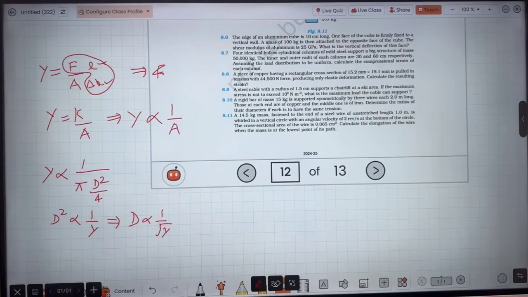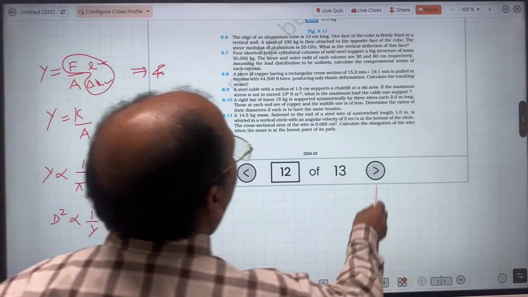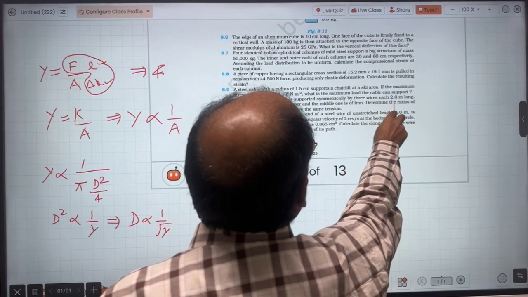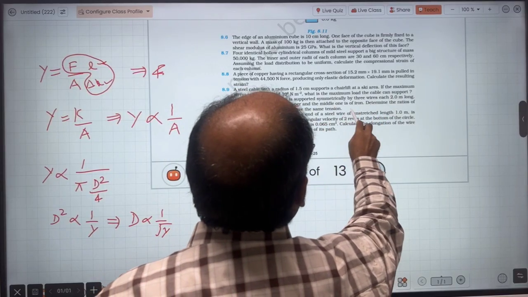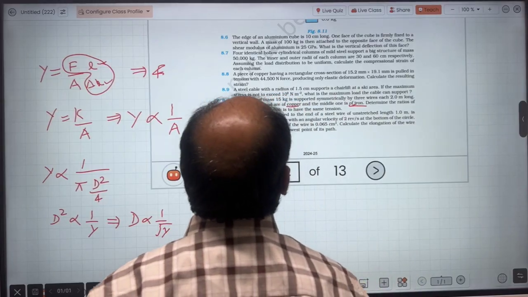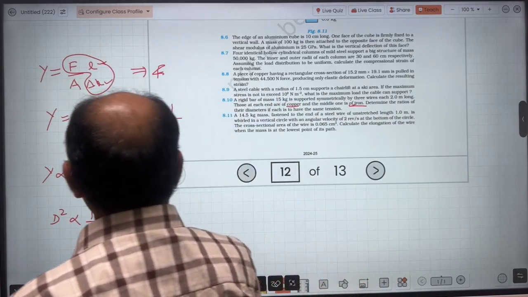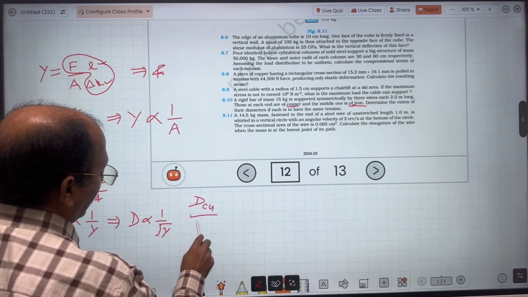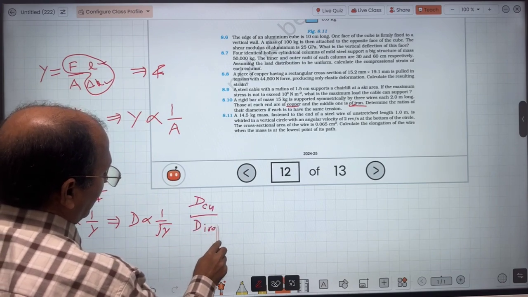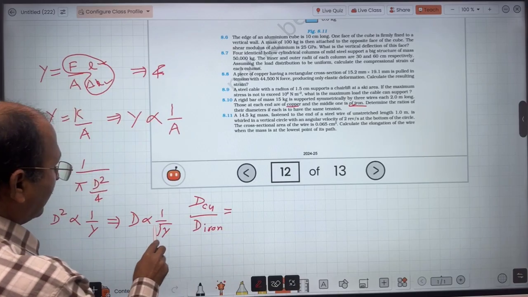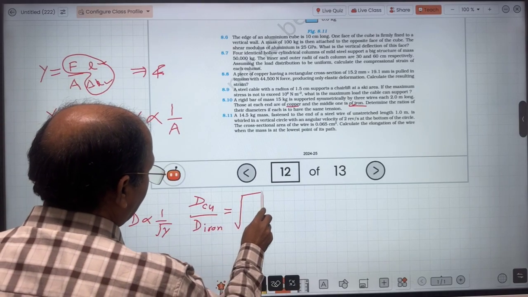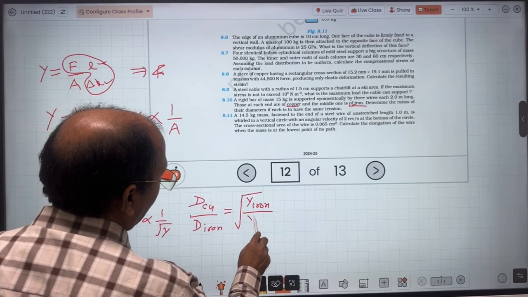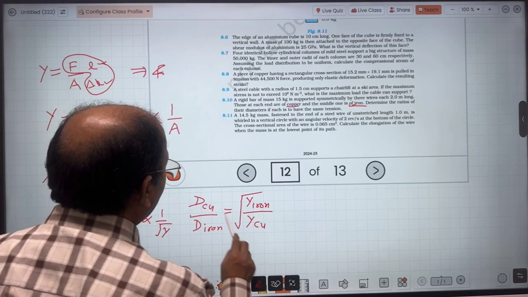Now in our question, the materials are: one is copper and the middle one is iron. So now we can write d copper divided by d iron equal to root of Y iron divided by Y copper.